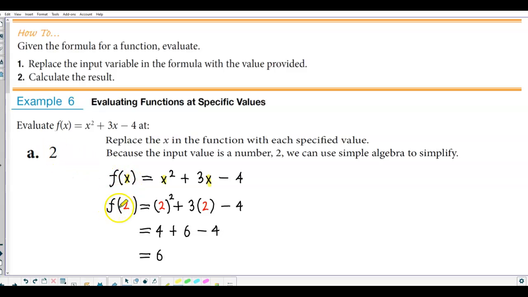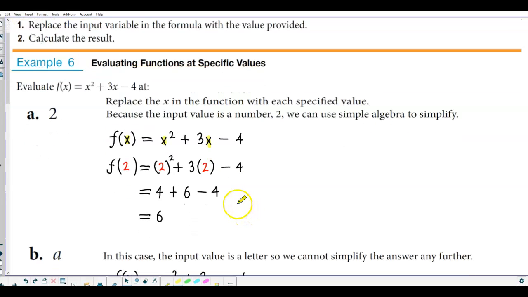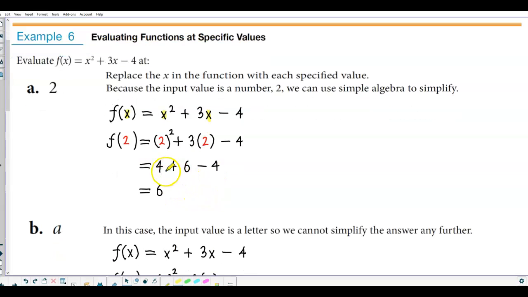So now it becomes f of 2, which is equal to parentheses 2 squared plus 3 times parentheses 2 minus 4, and then follow order of operations. Well, 2 squared is 4, plus 3 times 2 is 6, minus 4. 4 plus 6 is 10, minus 4 gives you a value of 6. So how do we write the following?